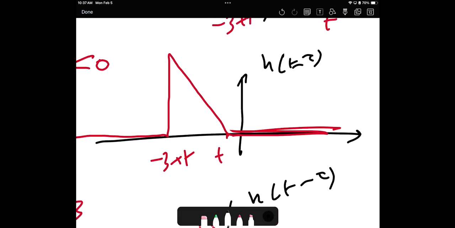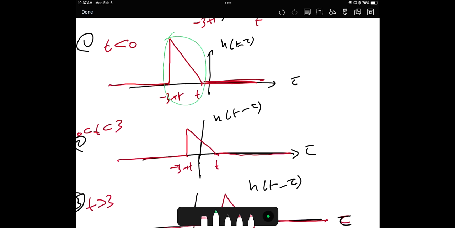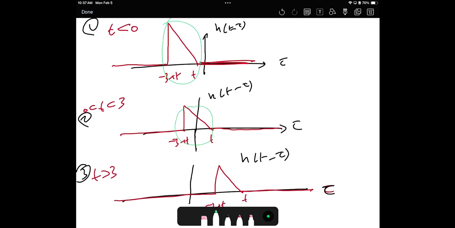Because imagine this triangle moving, shifting left or shifting right. These are the cases that happen. You see how this triangle is being shifted? That is what matters to us, and the shifting of the triangle makes the convolution more difficult.